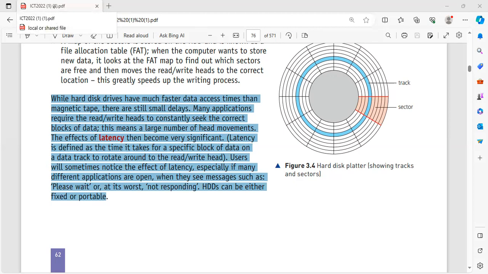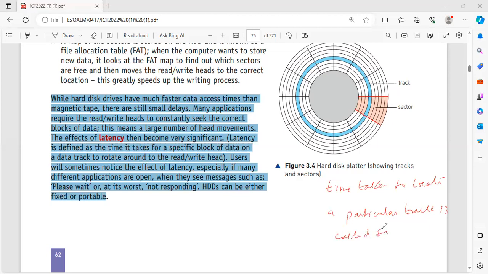First of all, it searches for the track, and the time taken to locate a particular track is called seek time. After finding the track, it finds a particular sector.